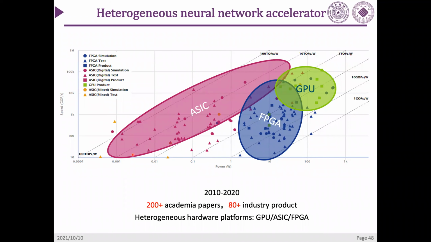GPU prefers high computational power and higher power consumption, with pretty high speed. ASIC has low power consumption and high energy efficiency, which is maybe the highest energy efficiency. And FPGA belongs to a relatively balanced design.